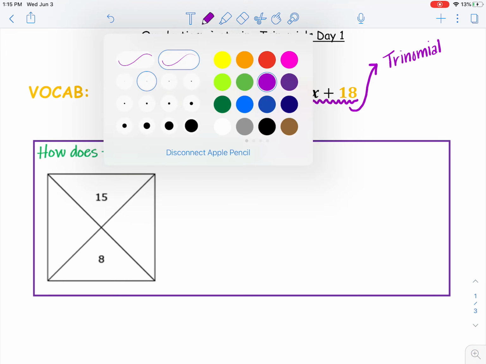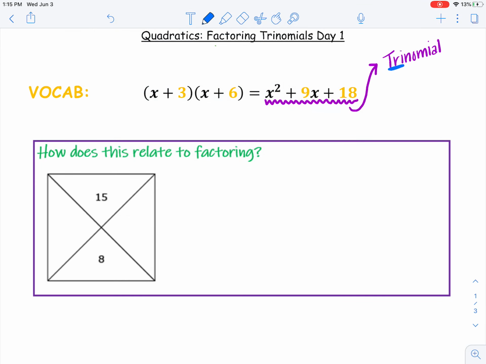A trinomial has three terms. That's where it gets its name from. It's a polynomial with three terms. And you're going to be asked to take that trinomial and factor it into a product of two binomials.